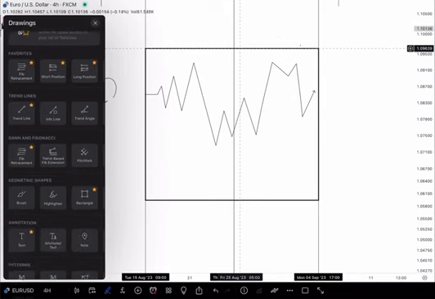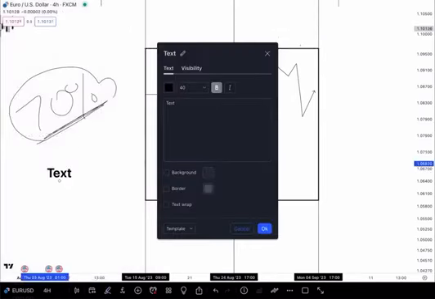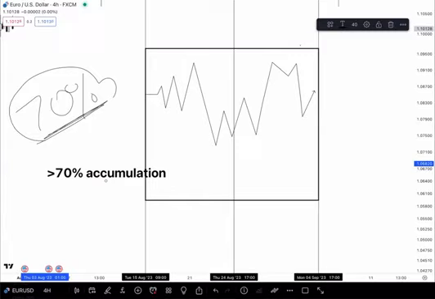So that is an important thing to keep in mind. More than 70% of the time, the candles or price is in an accumulation. Some assets more than others, but overall, it's more than 70% accumulation, which means you're going to spend most of the time waiting for the setup anyway.